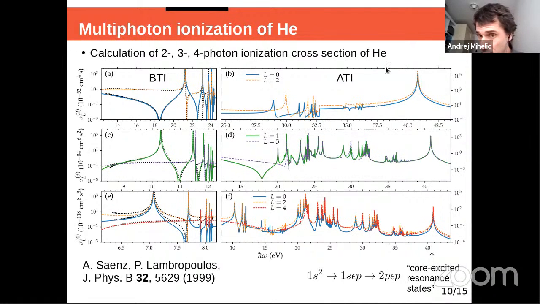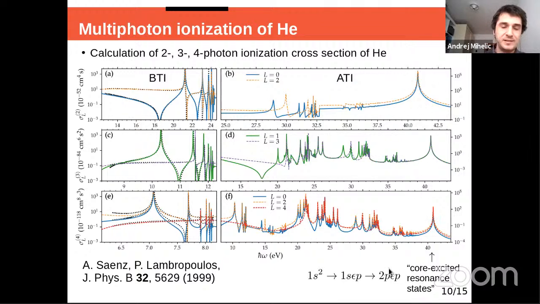We also checked the results above the ionization threshold, and it turned out that it agrees with the results that we could find in the literature rather well. So we could reproduce, for example, the resonance cross sections, and also the so-called core excited resonance states.